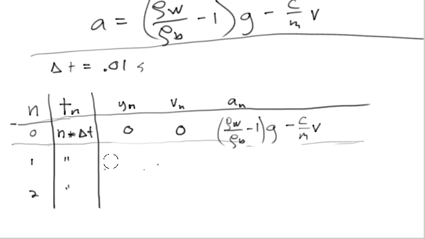So I'm going to go v sub n and y sub n. So 0, 0, and then here we say v sub n is v sub n minus 1, the previous value, plus a sub n minus 1, the old value of acceleration, times delta t.